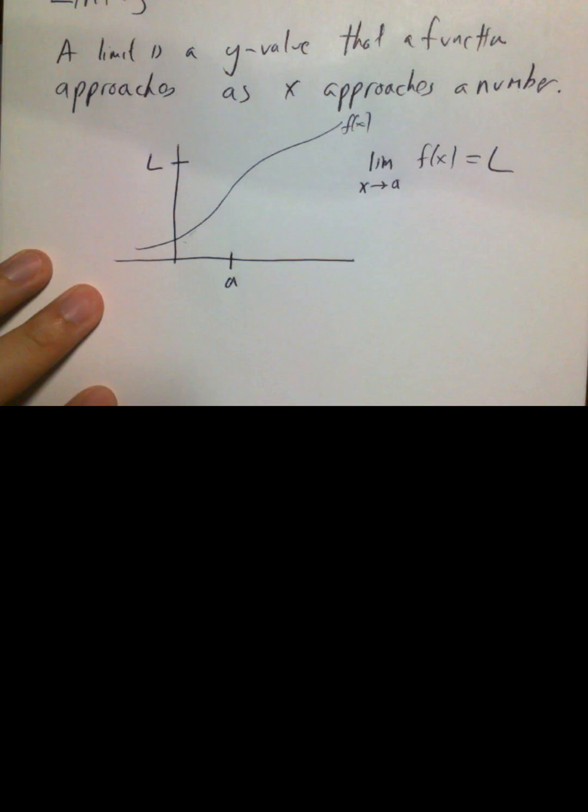We have two kinds of limits. We have one-sided limits. We indicate that a limit is one-sided by using a plus or a minus sign in the exponent position of whatever the x value is that the function is approaching.